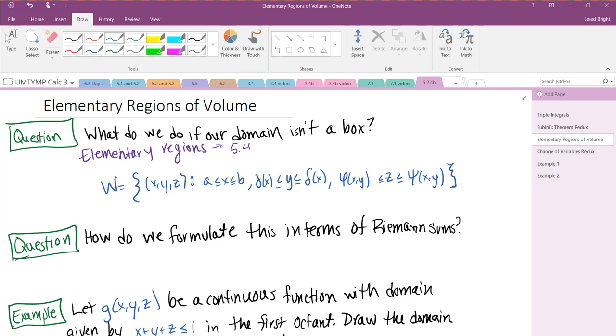And so then, once we're able to represent the bounds in terms of the other variables, we're good to go. Okay? And then in terms of Riemann sums, just keeping in mind that we went through that process in the first video of how we actually do triple integrals, and then in there, if we want to indicate whether or not we are in the region of interest, remember, we might have to expand our region to make it into a box.